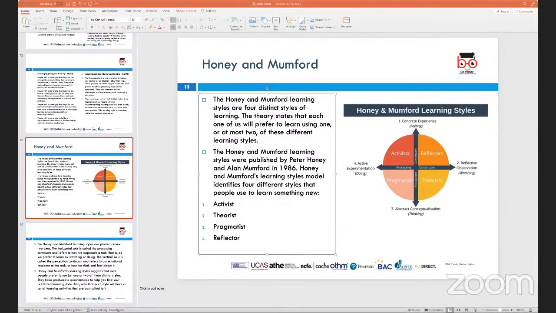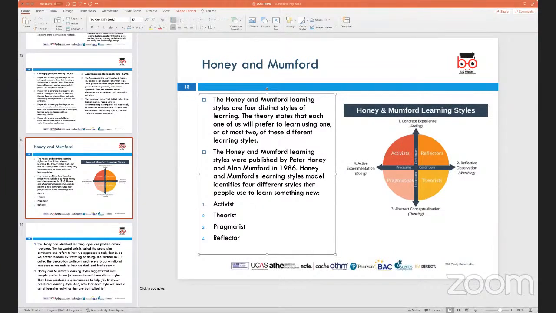And the idea is they wanted to come up with something which basically allows them to categorize people into four different categories, and these four different categories then allow us to understand what characteristics people show, which we can use to identify them and put them into that particular category. So they said that people learn, but there are four different types which basically can be classified.